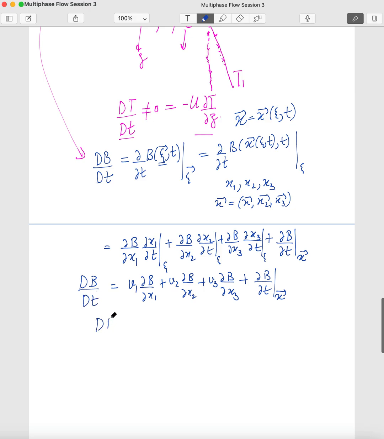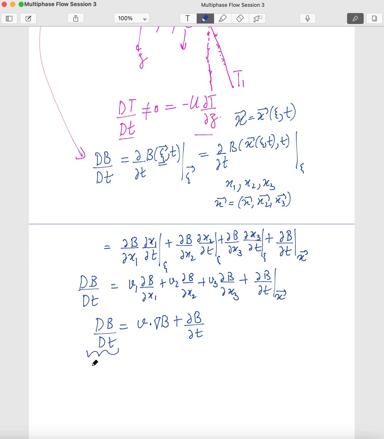Or I can write dB by dt equals v dot del B plus del B by del t.